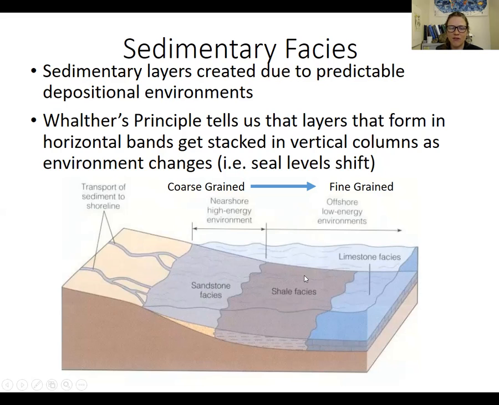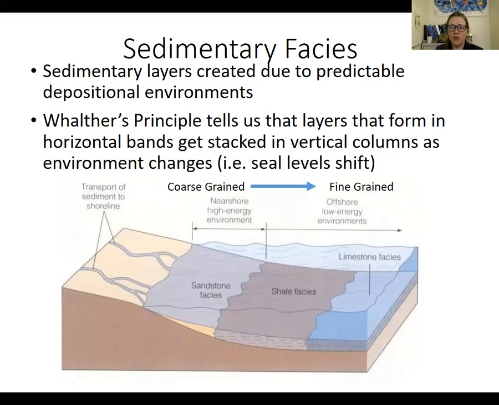Or in a period of sea level rise, we might see areas of old sandstone that then become covered in areas of shale. And then if sea level rise progresses even more, eventually we might have layers of sandstone that get stacked on top of the sandstone and shale over time as the sea level is moving up onto the landscape.